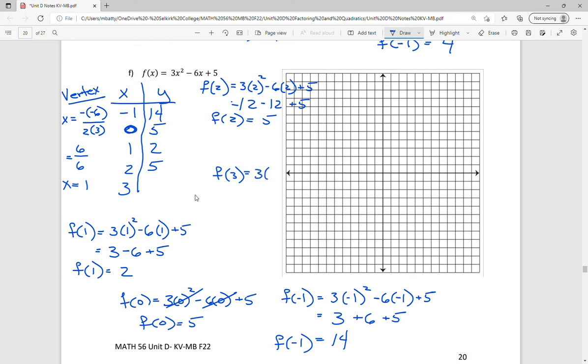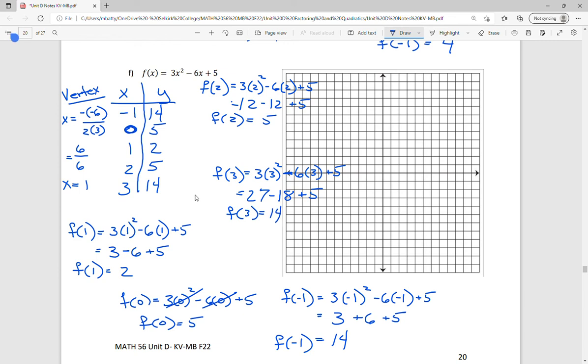So I'd have 3 times 3 squared minus 6 times 3 plus 5. That minus is hard to see in there. I'd have 9 times 3, which is 27, minus 18 plus 5. And that gives me 14, or F at 3 is equal to 14.